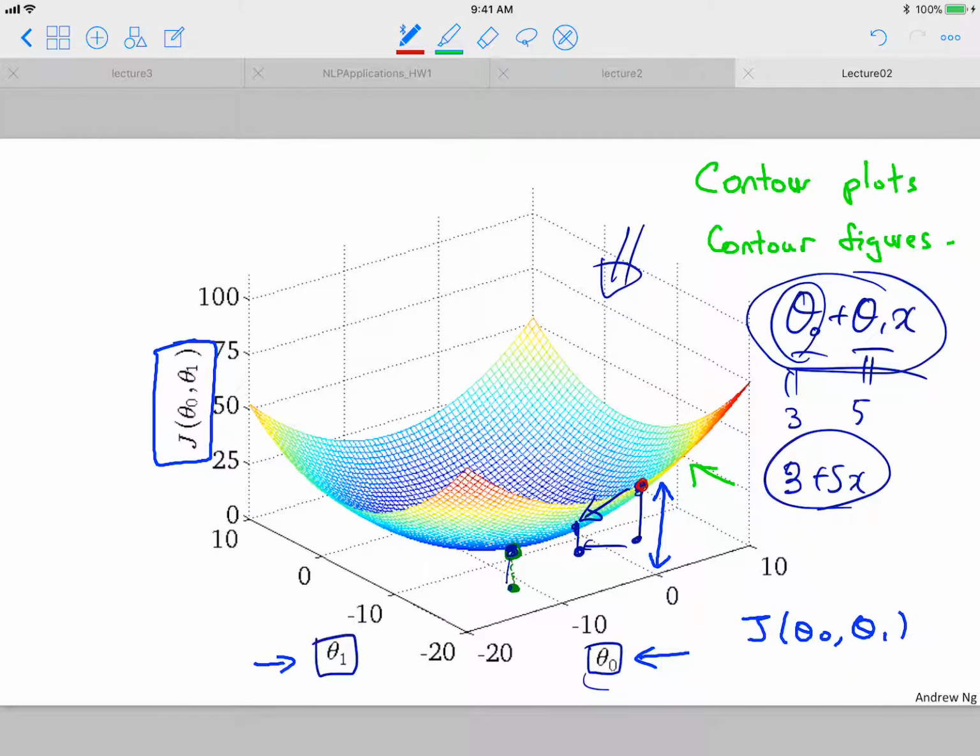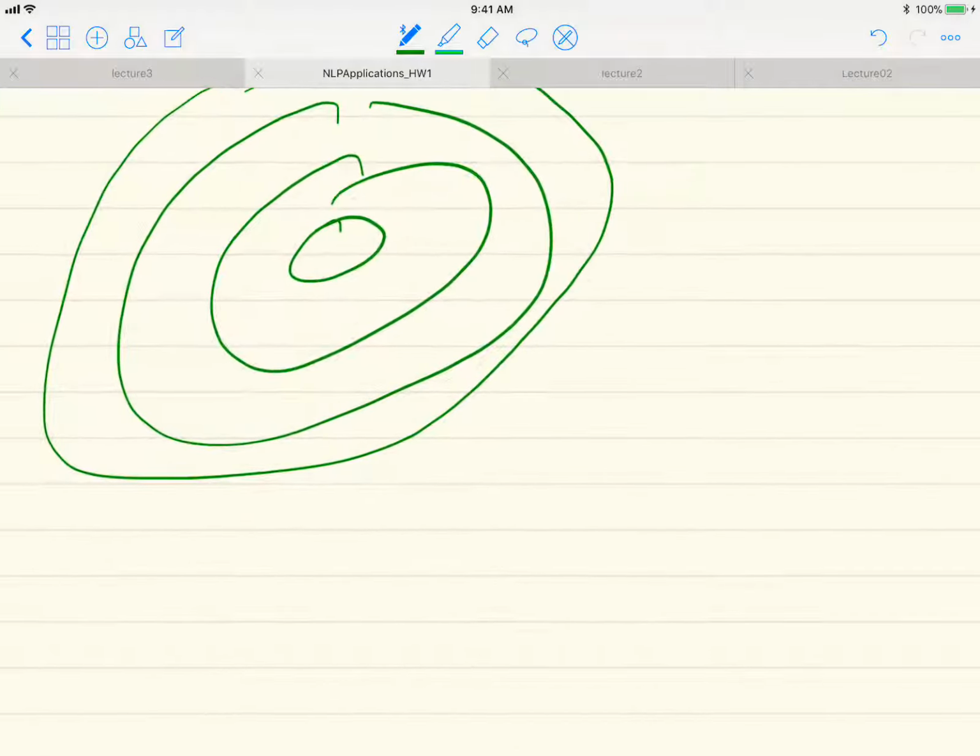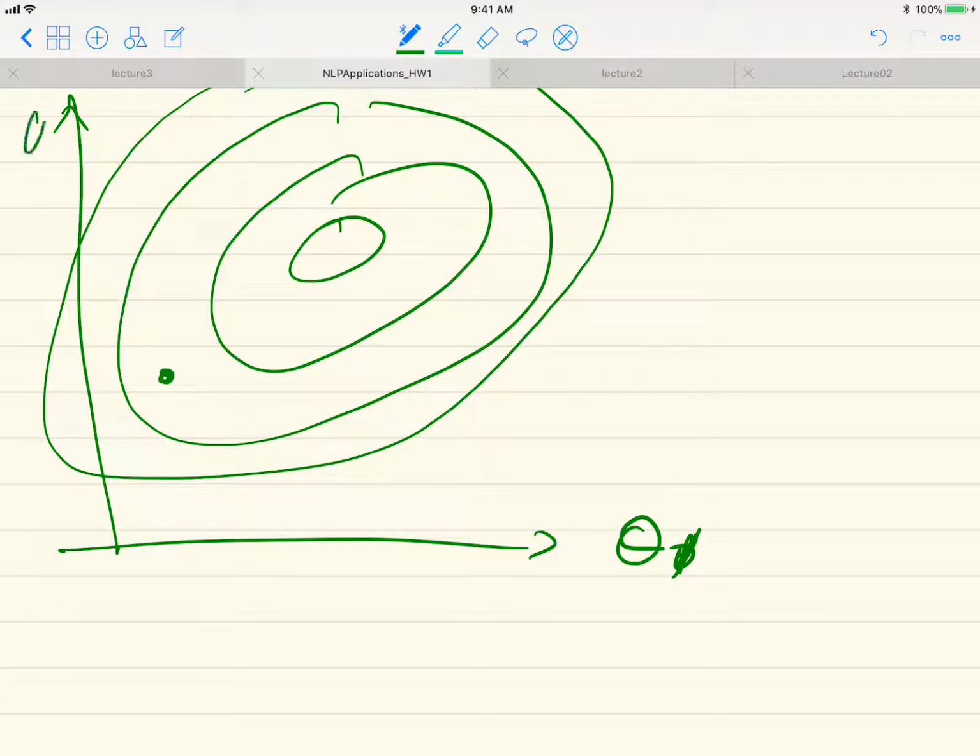But in the case of coordinate descent, it is something like this. So suppose we are here, and then we first update only on theta 1. So this is theta 1, and this is theta 2, and then suppose we update only with respect to theta 1.